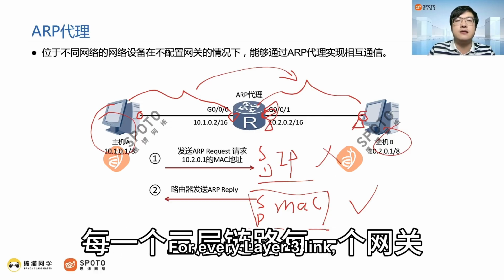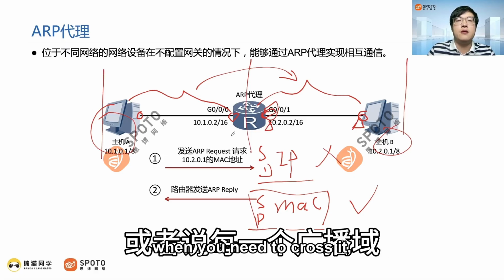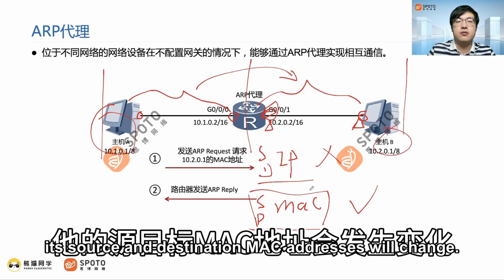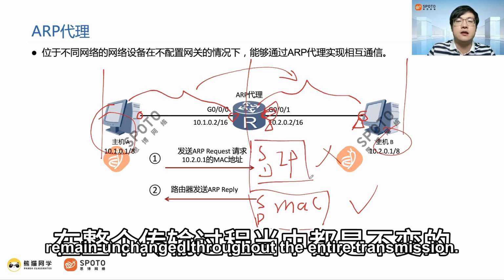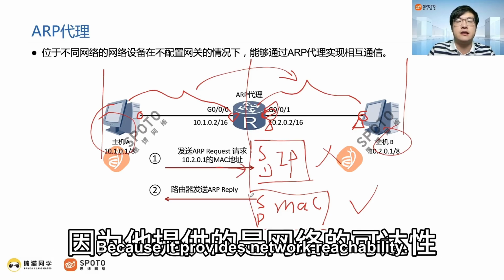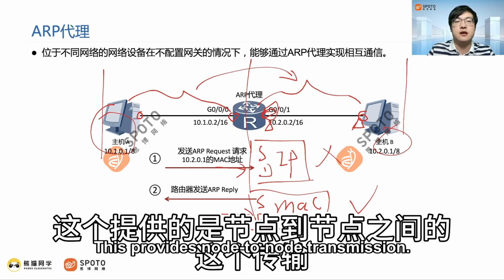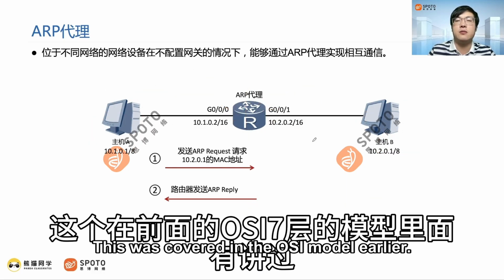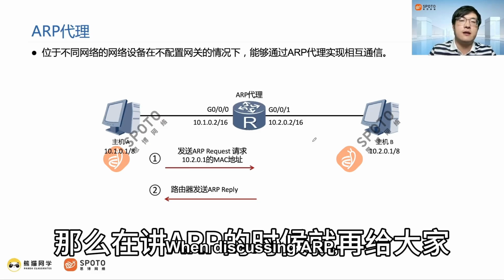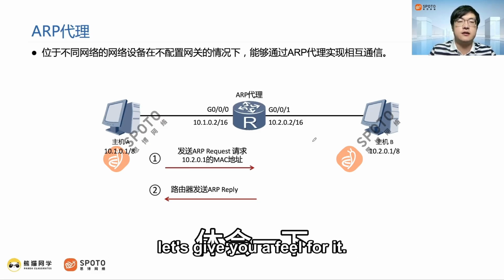For every layer 3 link, every broadcast domain, when you need to cross it, its source and destination MAC addresses will change. But the source and destination IP addresses remain unchanged throughout the entire transmission, because they provide network reachability, while the MAC addresses provide node-to-node transmission. This was covered in the OSI model earlier. When discussing ARP, let's give you a feel for it. Okay.